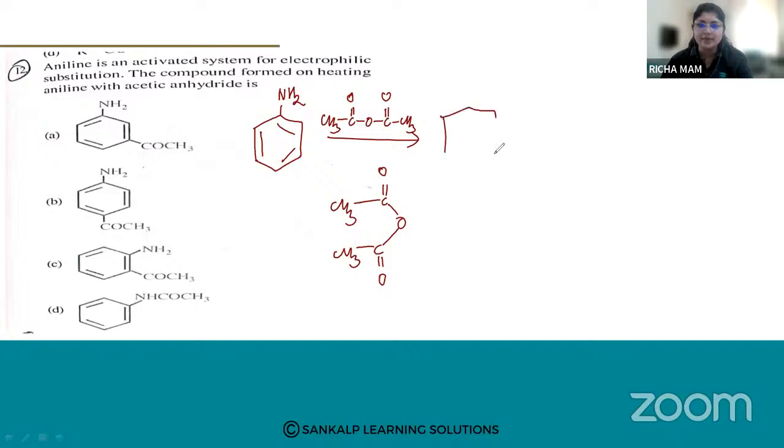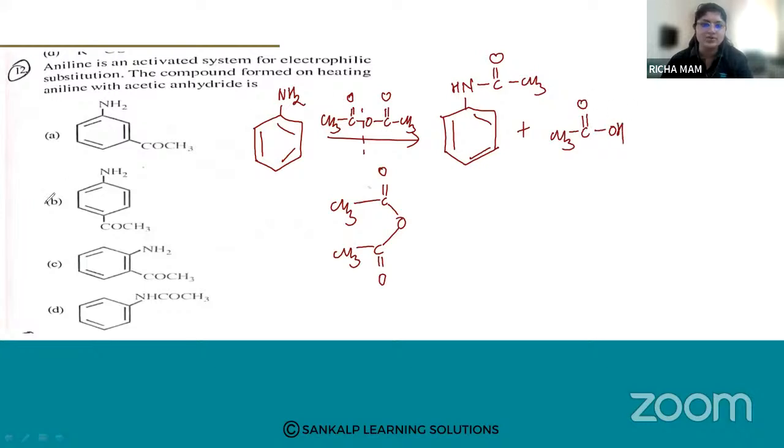What I'll get? So my active center is, so I have hydrogen. So one of the hydrogen will be replaced by an acetate group. So NH C double bond O CH3 plus CH3 C double bond O OH.